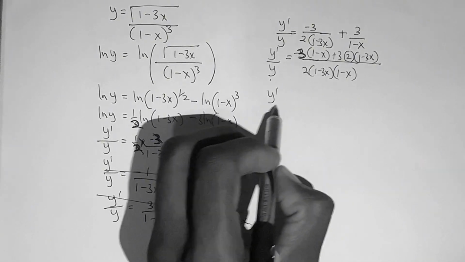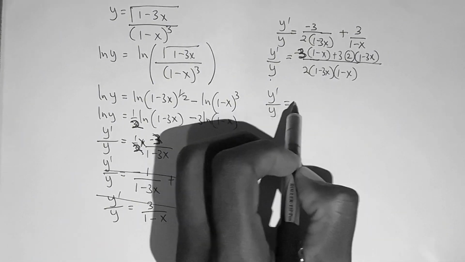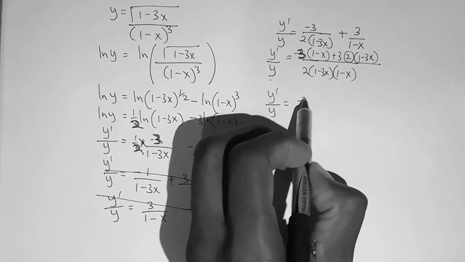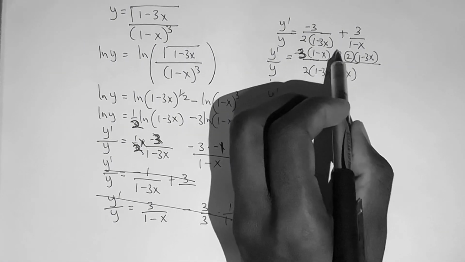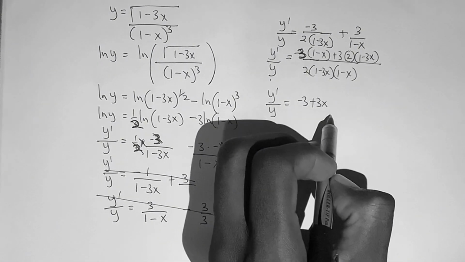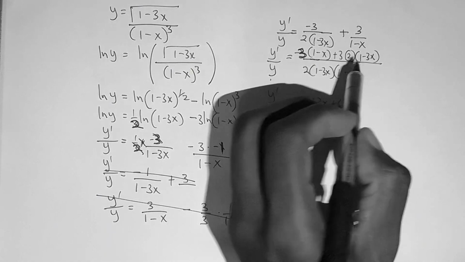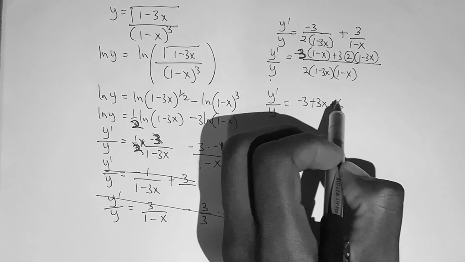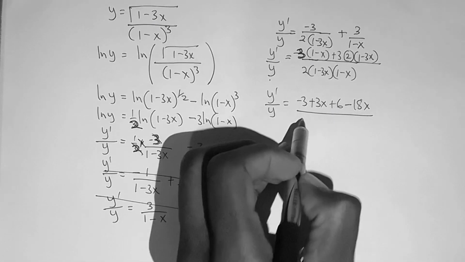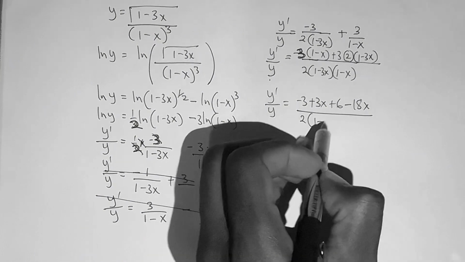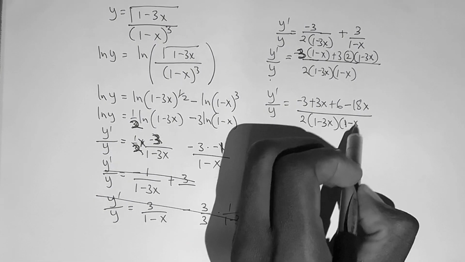So y prime over y is equal to, let's expand this. So minus 3 times 1 is minus 3. Minus 3 times minus x is plus 3x. Then 3 times 2 is 6. 6 times 1 is 6, so plus 6. Then 6 times minus 3x becomes minus 18x, divided by 2 times 1 minus 3x times 1 minus x.